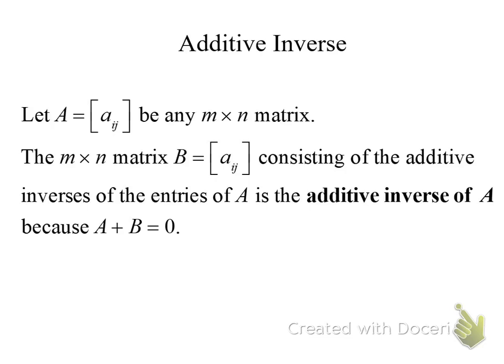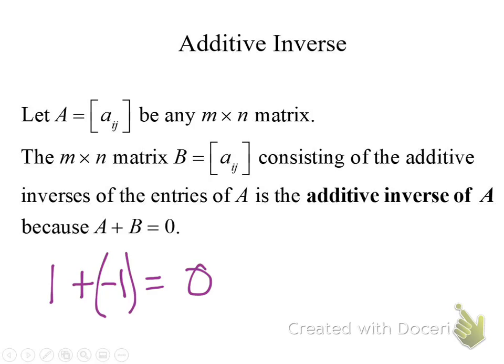Well, if my first entry has a 1, what do I add to 1 to get it to go to 0? Well, my inverse of it would be -1 in that entry spot. Okay, and so B will be the additive inverse, consisting of entries that, when I add them together, equal 0.